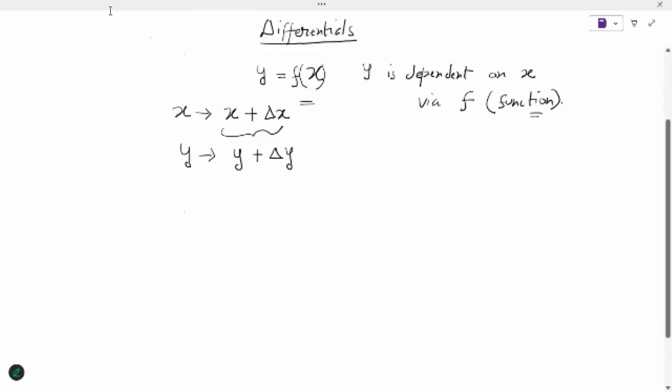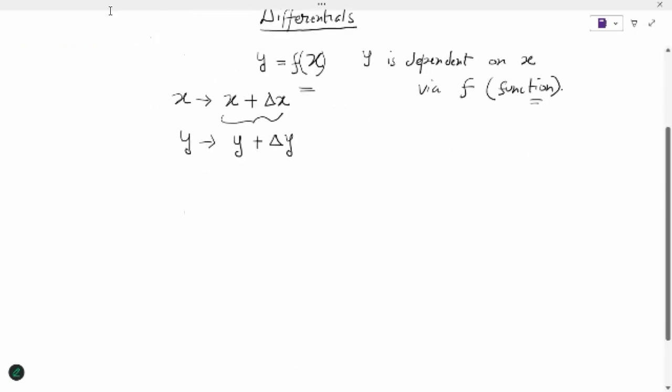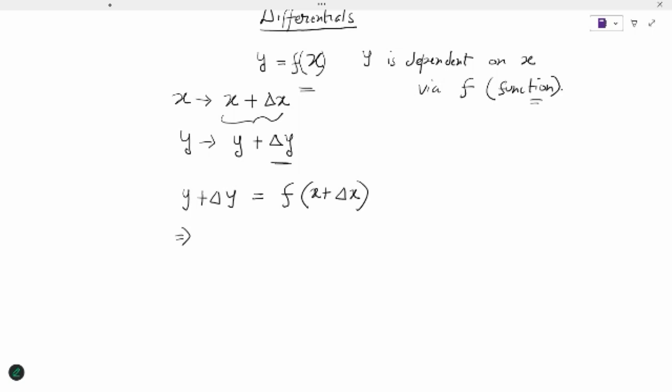So here we have delta y. So now y plus delta y is nothing but function of x plus delta x. So therefore delta y is f of x plus delta x minus f of x.